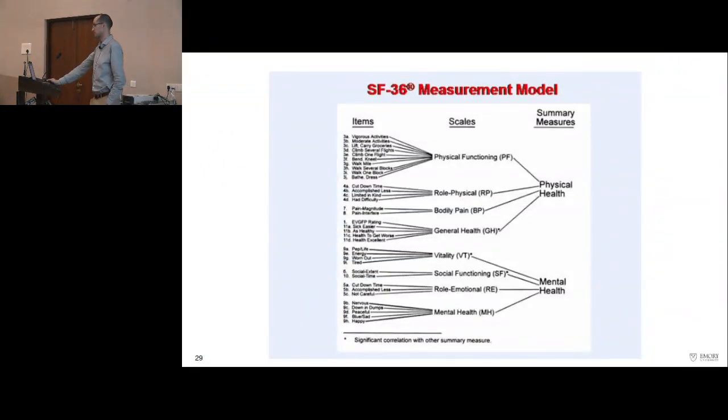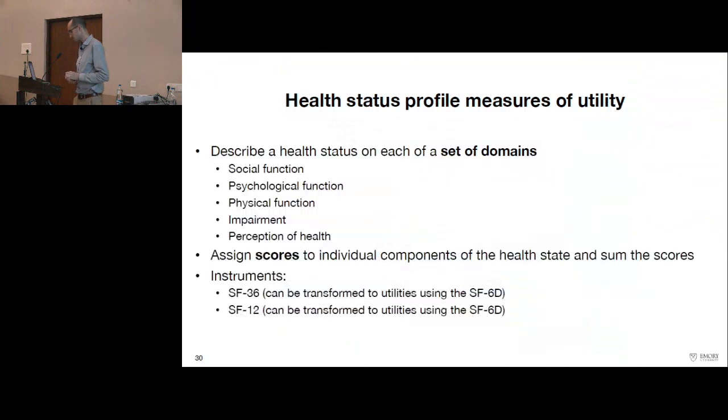Another one is SF36. The number 36 indicates that there are 36 items that can be grouped into these scales, and they can be further grouped into 2 main summary measures of physical health and mental health. But it's essentially again a survey that is distributed to patients and healthy individuals.